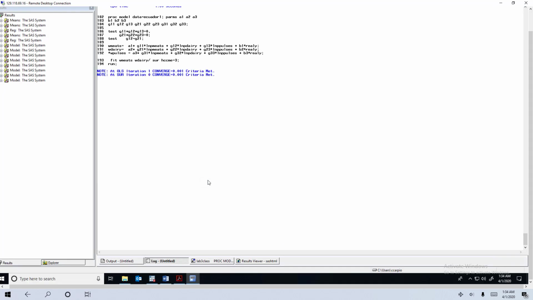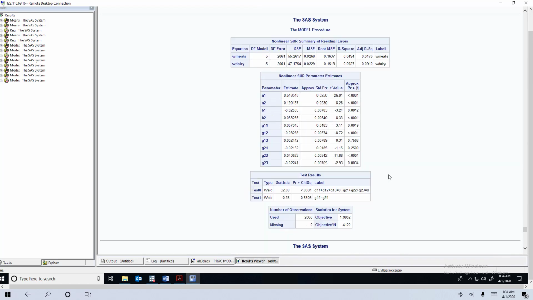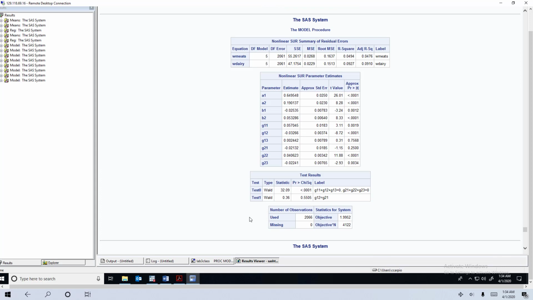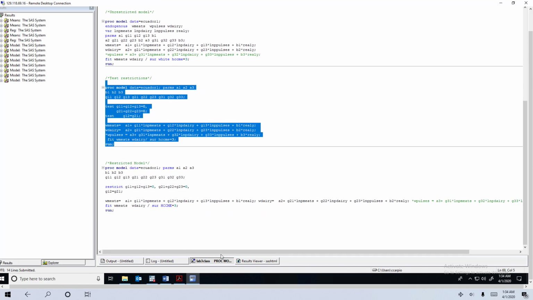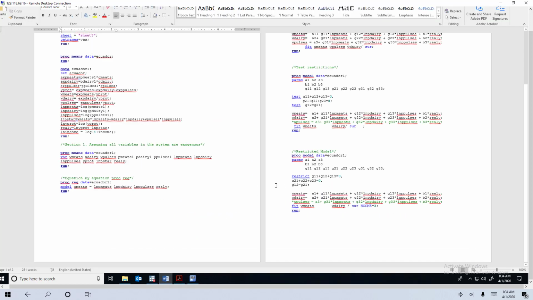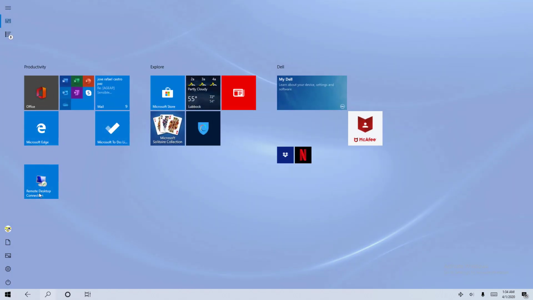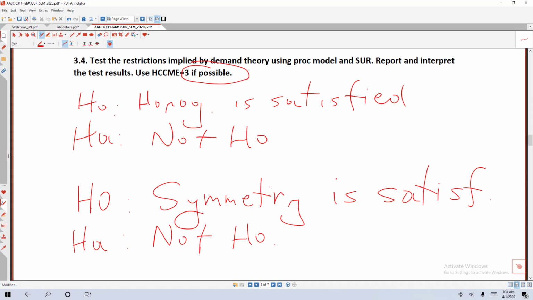Let me see the log. Everything looks good. So actually, we were able to do the test accounting for heteroscedasticity. So that's pretty good. Okay. Let me see. So everything so far so good. I hope.